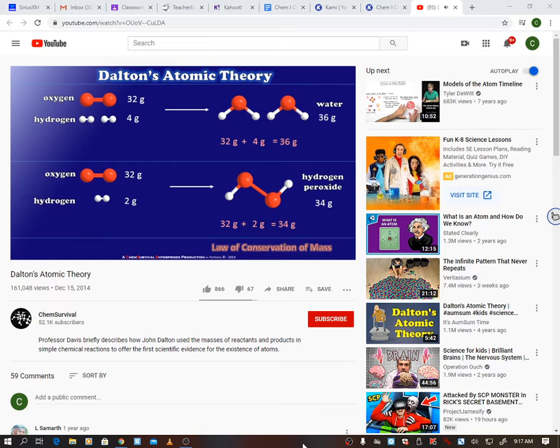Now let's look at one more mathematical relationship. Let's look at the ratio of the starting materials to one another. In the top reaction we have 32 grams of oxygen and 4 grams of hydrogen. So I need 8 times as much oxygen as hydrogen by mass. This is something that Dalton could have measured. In my lower reaction, I have 32 grams of oxygen reacting with 2 grams of hydrogen.